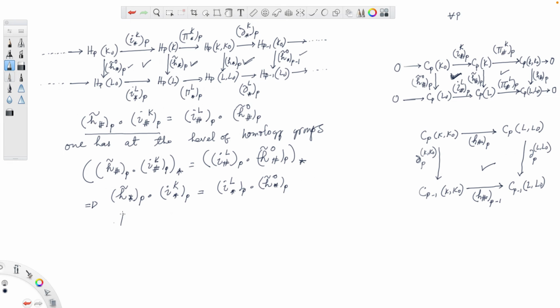So this is the group homomorphism induced by H tilde hash at P. Okay, good.